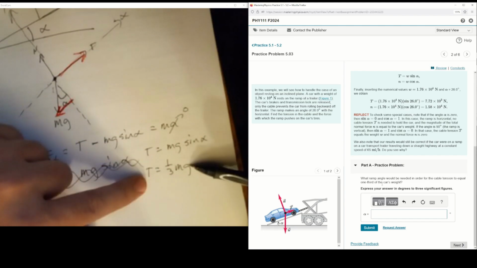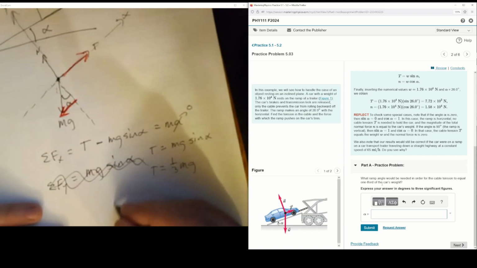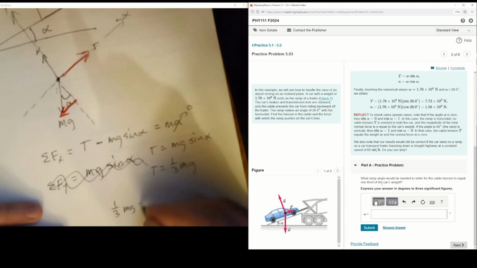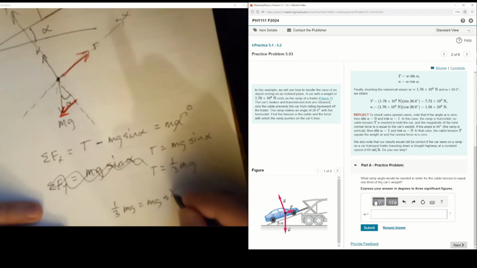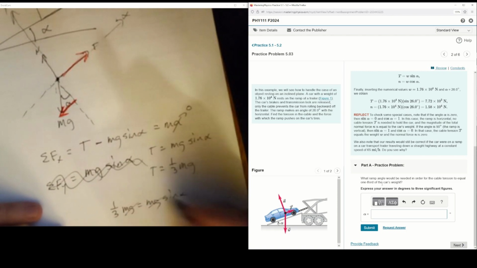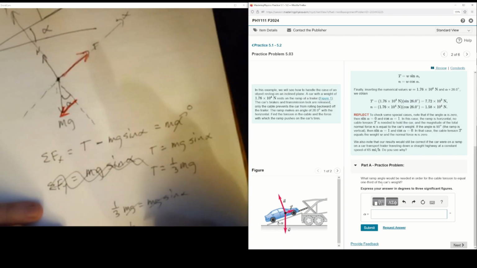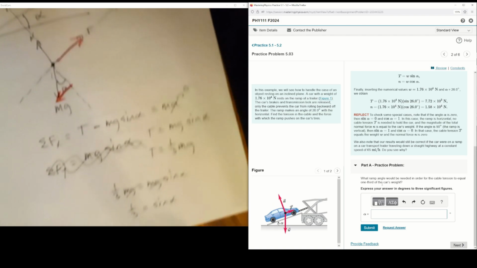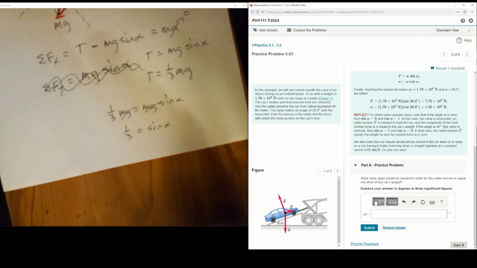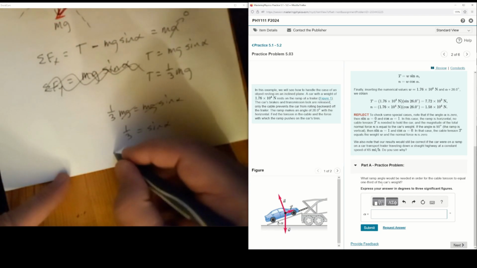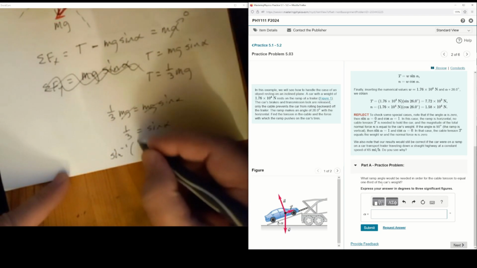We can equate these because they both equal tension, and so we get 1/3 mg equals mg sine alpha. The mg's cancel, and we're looking for the angle such that sine of that angle is 1/3. That's going to be the inverse sine.